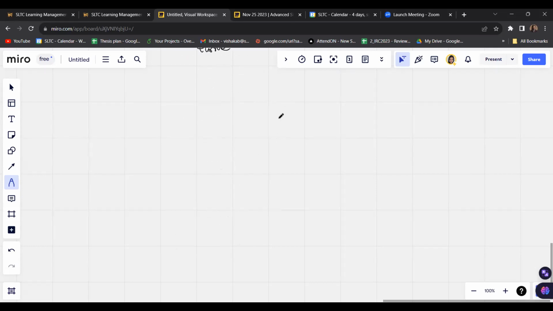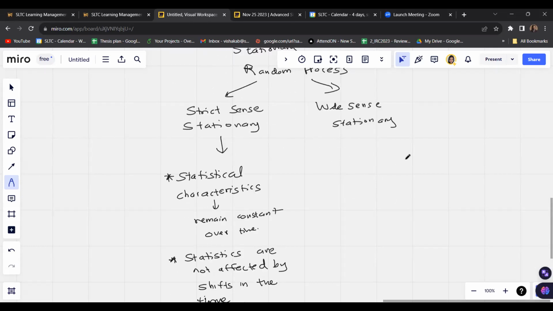And in contrast, we have these wide sense stationary processes. These are processes where the statistical properties remain constant only up to the second order, that is, up to the second order characteristics or second order parameters, right?